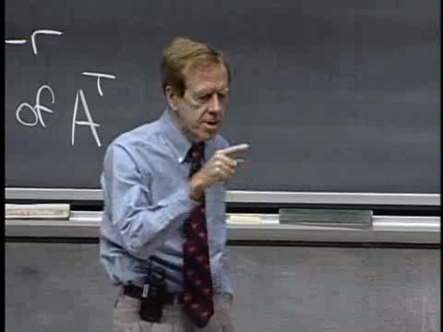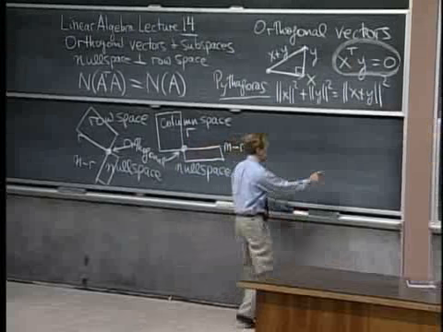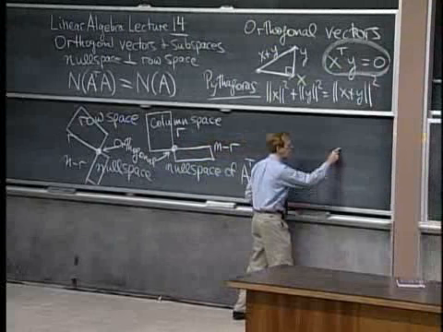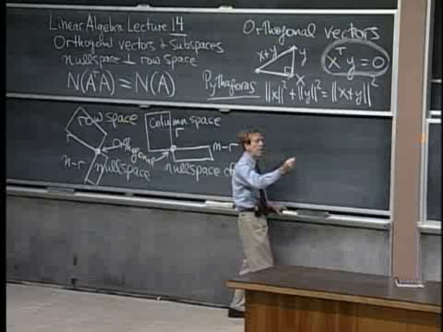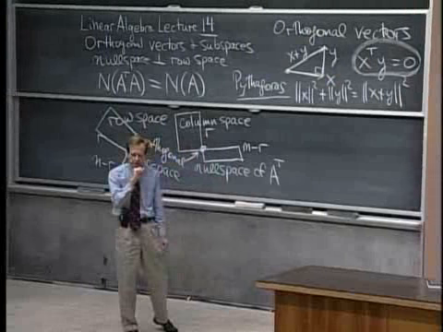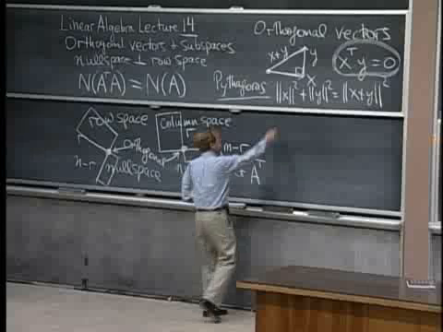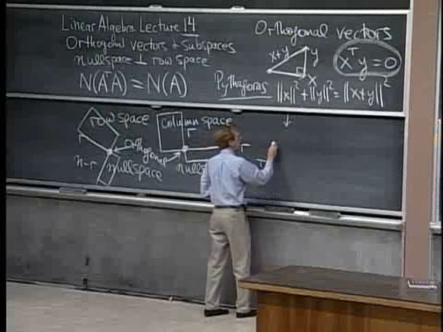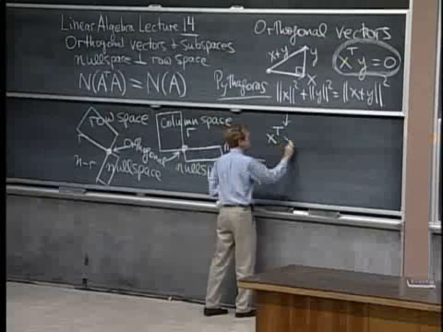Well, really, you want the length of that vector that goes along 1, up 2, and out 3. And we'll come back to that right triangle stuff. The length squared is exactly x transpose x.